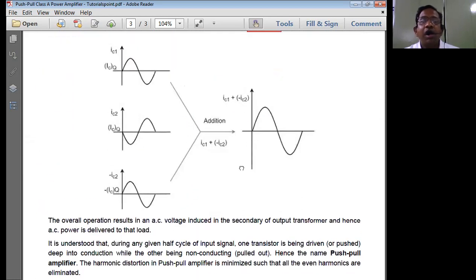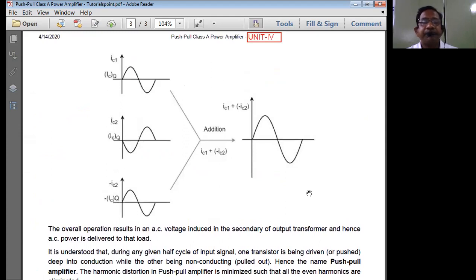Now, how can we see the overall effect? See the things here. IC1 is coming for the complete input cycle. IC2 is also coming for the complete input cycle. The difference of these two is transmitted to the load.